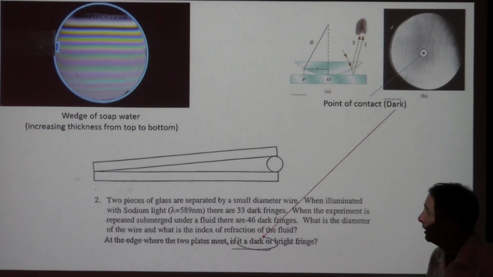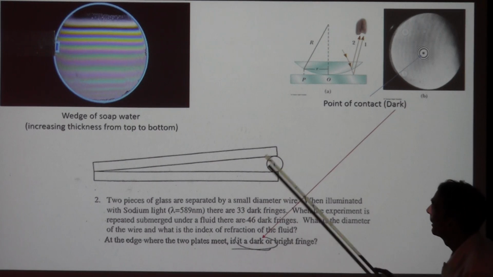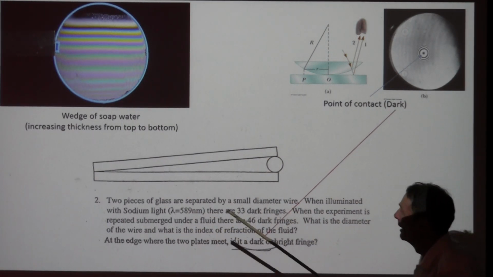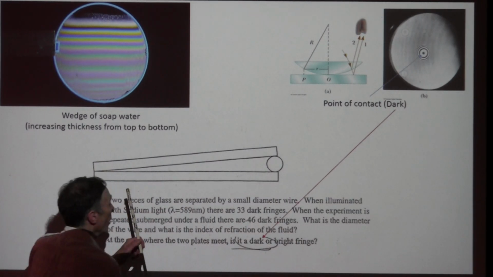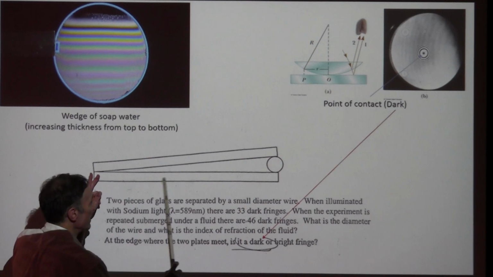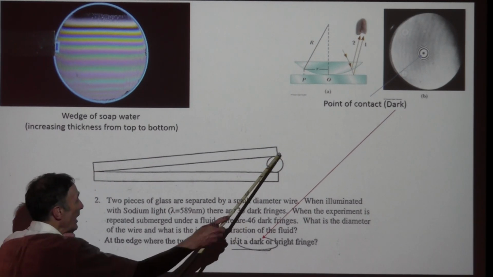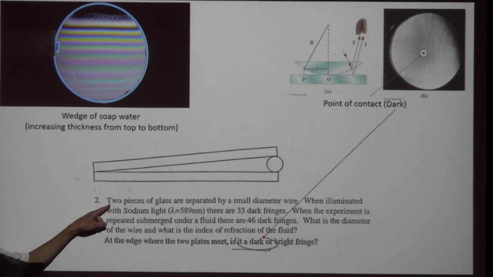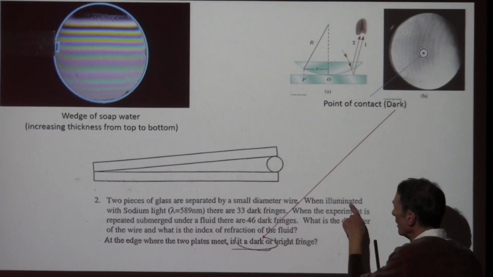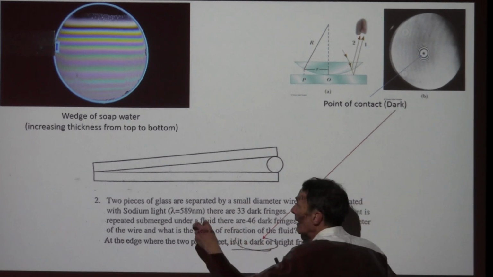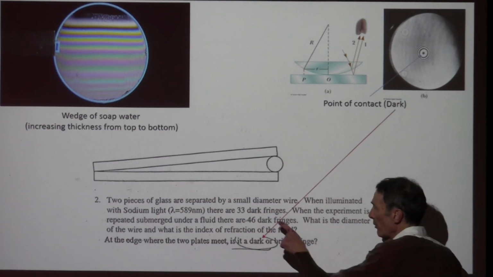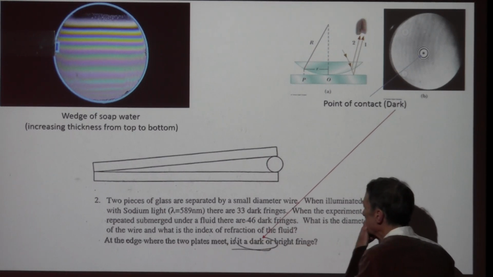Okay, got some homework problems, and a number of problems they've got in the book on thin films. One that's a classic, and this is from a test question, is you've got a couple of slides made out of glass, and you've got a hair stuck in there, or a small diameter wire. When it's illuminated with sodium light from above, it says there are 33 dark fringes.